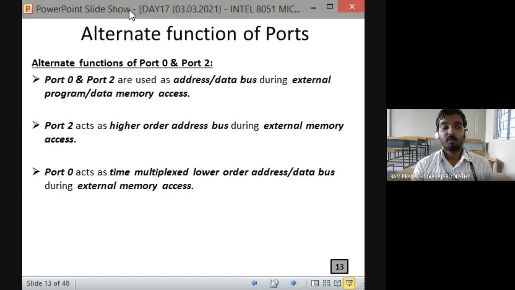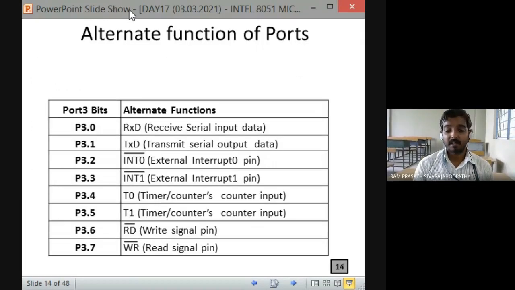Yes. The alternate functions of port 0 and port 2 have been explained. Similarly, already we have asked one question: for the read bar and write bar signals, for serial communication RXD and TXD pins, then 2 external interrupts, then 2 counter inputs, for those 8 signals we use the port 3 pins as alternate functions, like this.